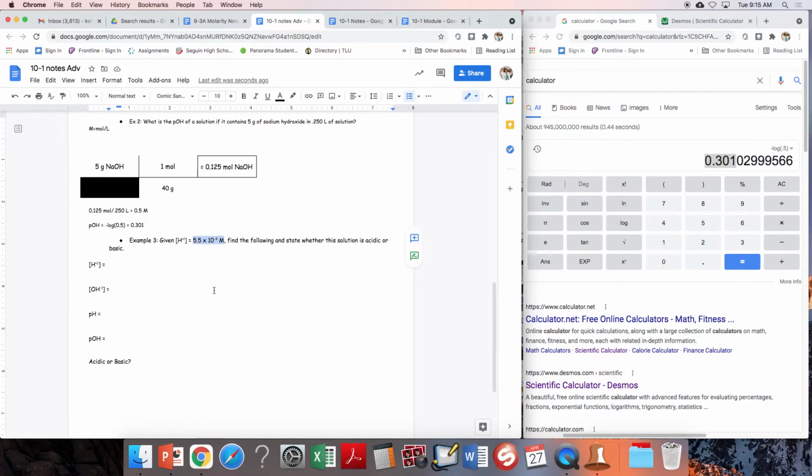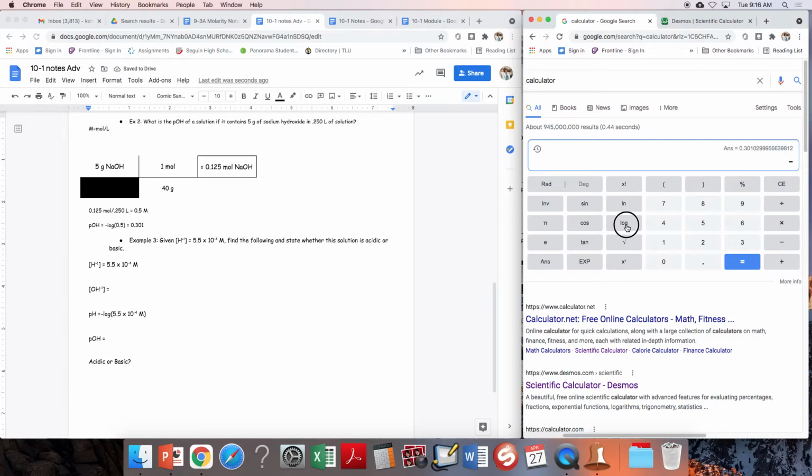So it's giving me my H, so I can just go ahead and put down my H. Next easiest thing is I can find my pH, because we know that to find pH, it's just the negative log of this number. So that's what we're doing on our calculator. We're going to do the negative log of 5.5.